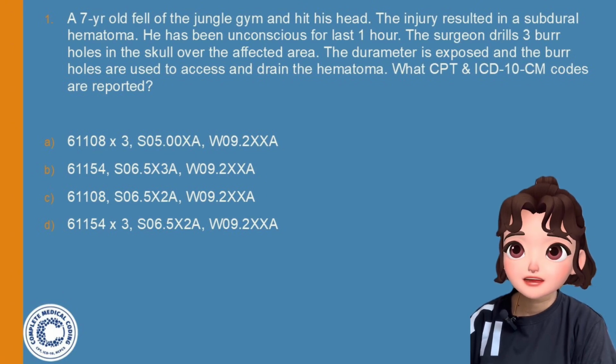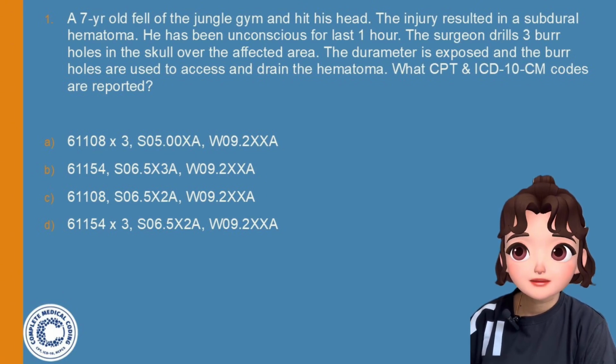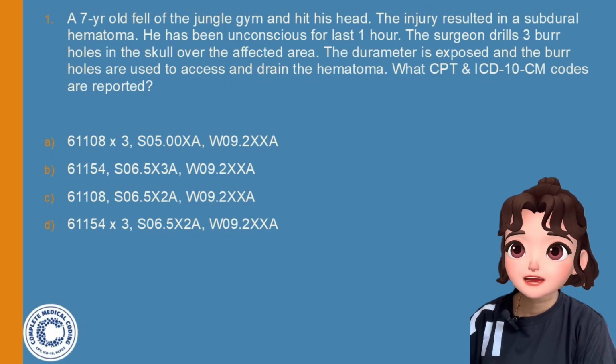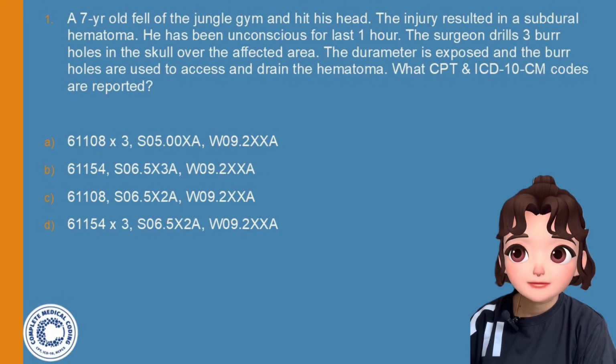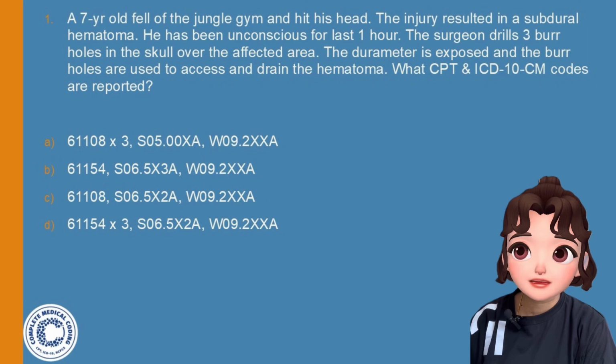So anyway, let's look into the options one by one. First, let's look into the CPT codes, because there are only CPT codes. See, only 2 CPTs are mentioned in the options, that is 61108 and 61154. Let's see which is the correct CPT code. 61108.